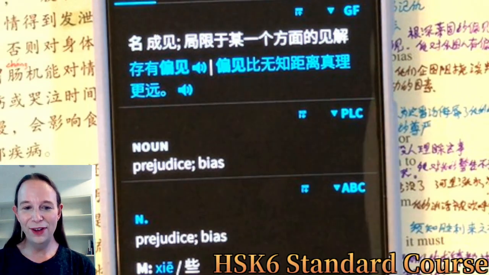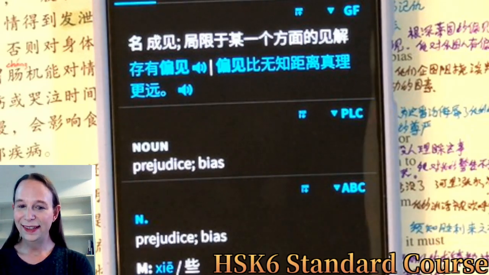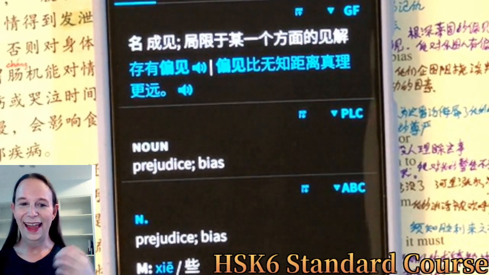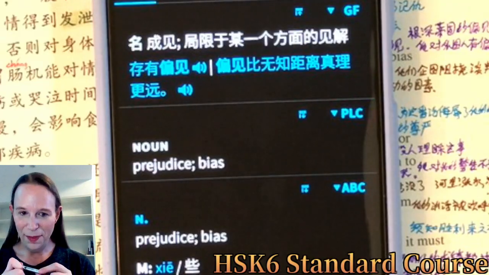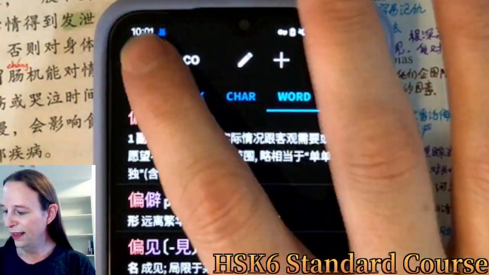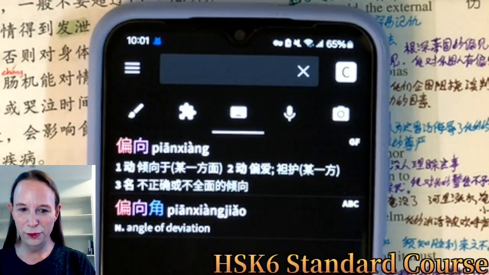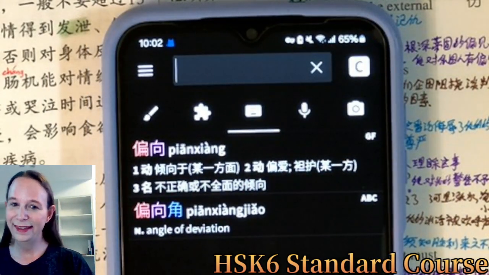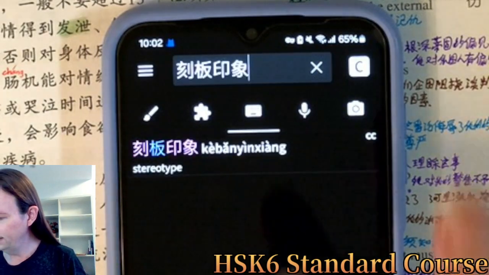When I've traveled around the world, you get certain prejudices. I experience a lot of white people stereotypes, right? 刻板印象. If you travel around the world, people will treat you as if white women are sexually promiscuous. 刻板印象.